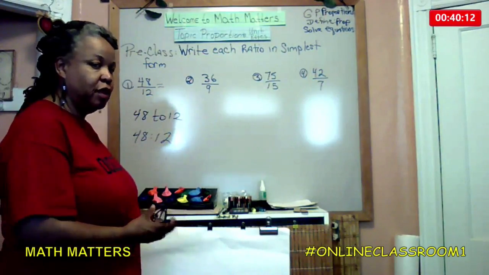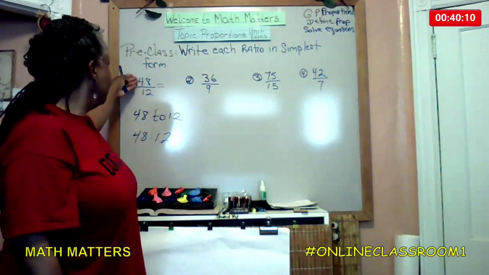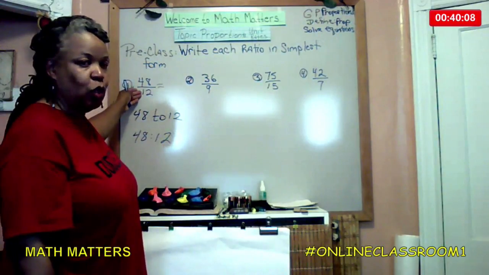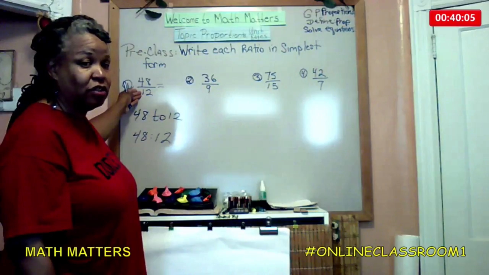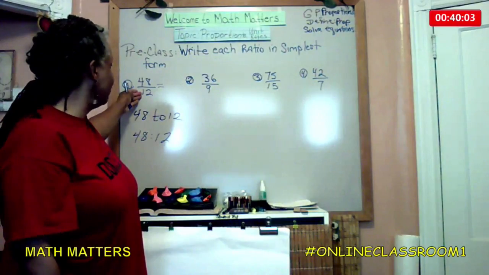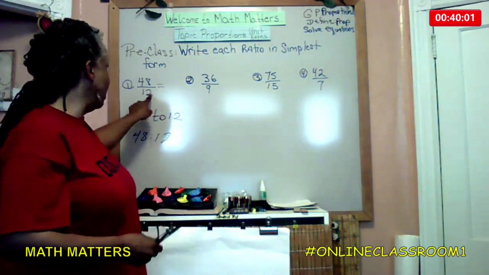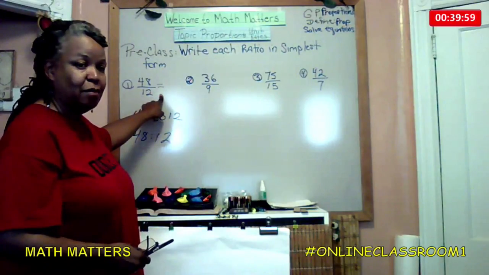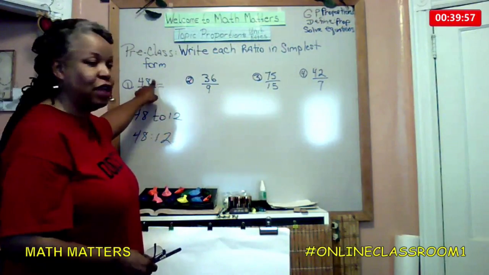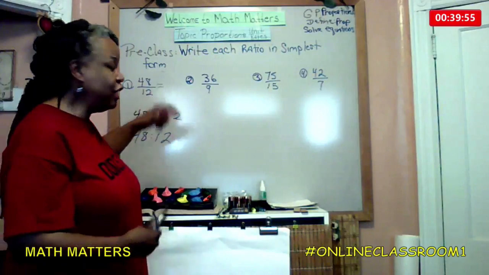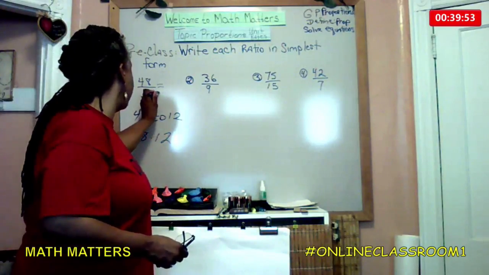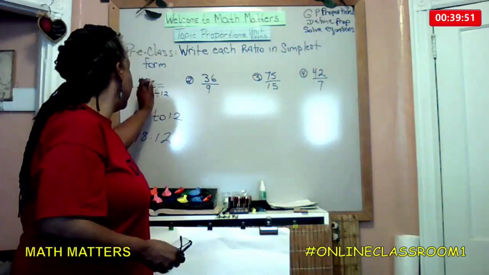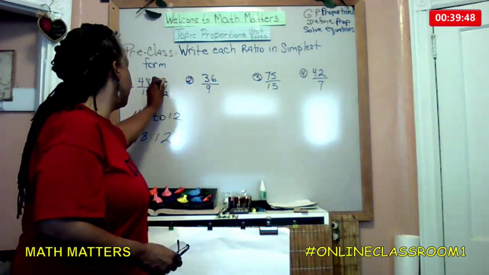Now, here we go. We have the 48 and I have the 12. I see a common factor. The common factor is 12. If I divide 12 out of the denominator, I need to do the same thing to the numerator. So I will divide 12 here and divide 12 here.